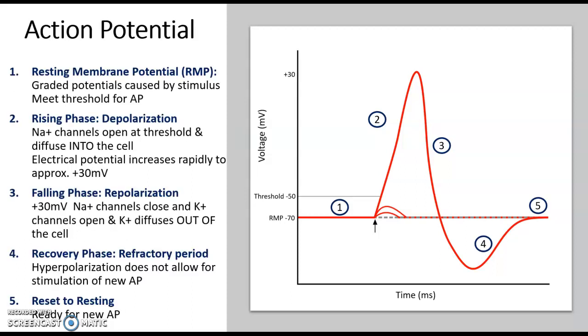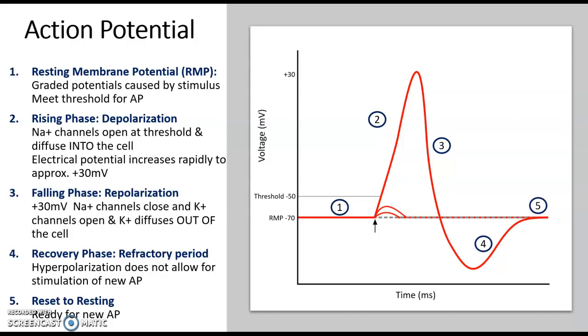So what goes on during an actual action potential? This graph is one of those graphs that you have to be able to know and explain through and through when discussing an action potential. We start out at area number 1, which is generally the resting membrane potential, right around negative 70 millivolts.